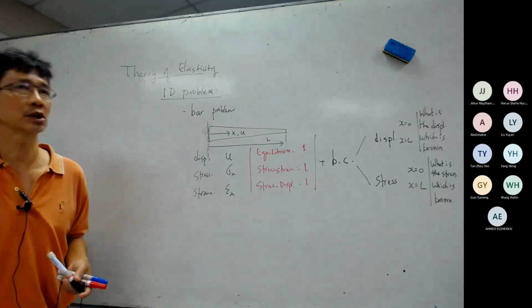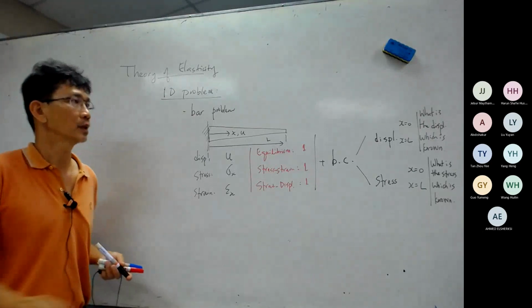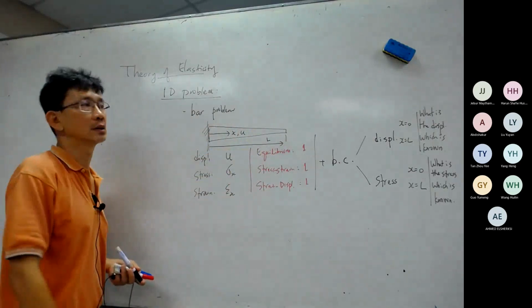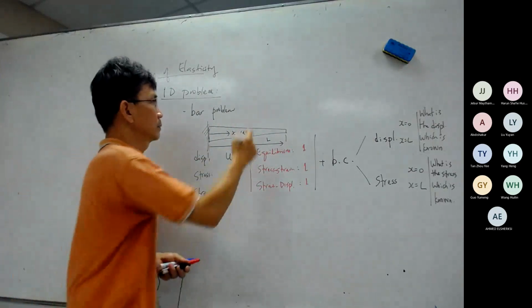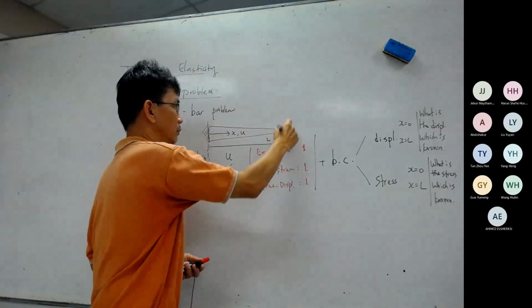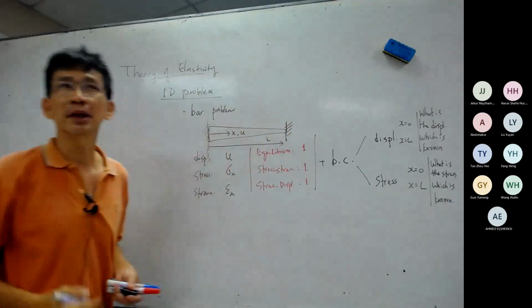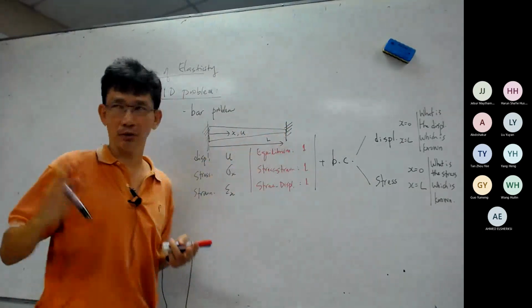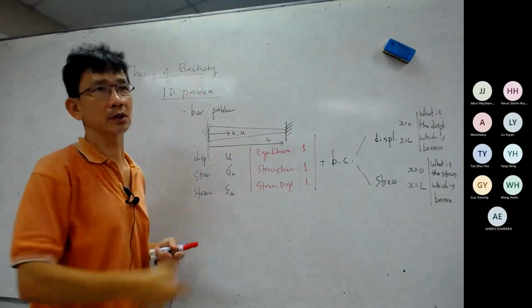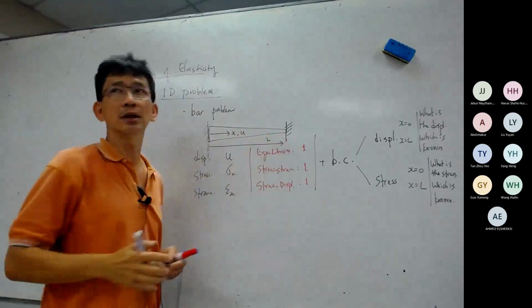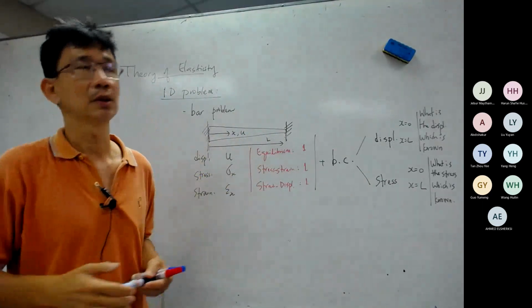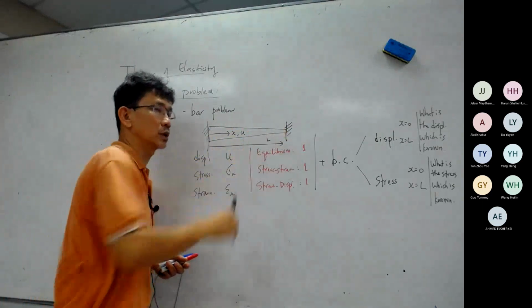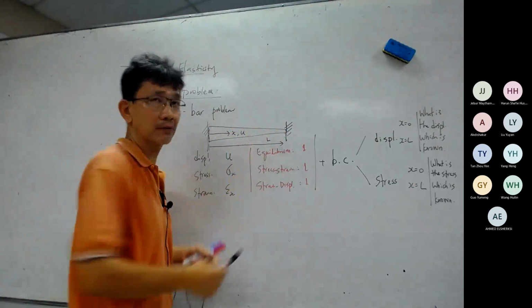Boundary conditions will be either displacement or stress. If you have fixed here and fixed here also, then the displacement here is zero and the displacement here is also zero. So both boundary conditions are related to displacement, because the displacements are known to be zero, since these ends are fixed.